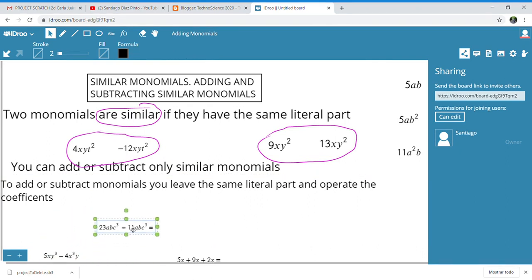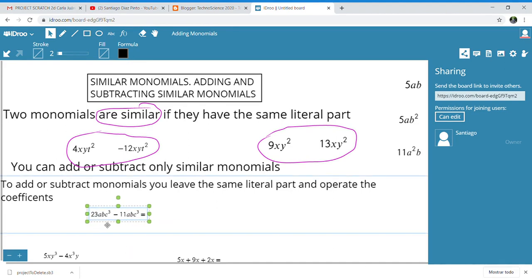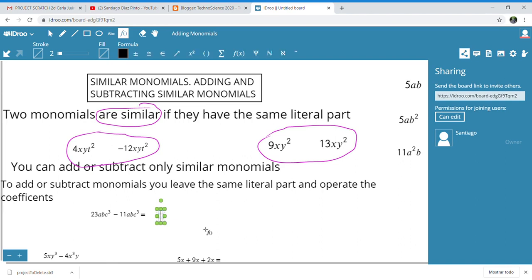This one. Can you add or subtract these monomials? Let's check if they have the same literal part. A, B, C cube, A, B, C cube. Then, yes, they are similar monomials. Then we can write the solution, because the only thing we have to do is operate the coefficients. 23 minus 11 is 12.